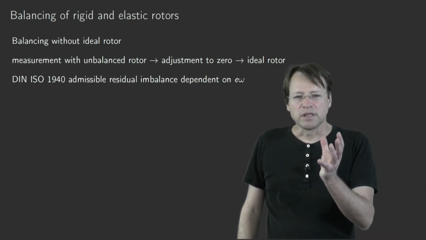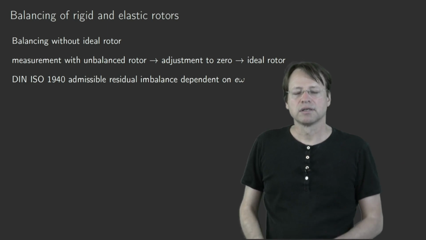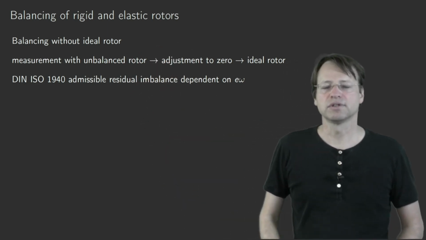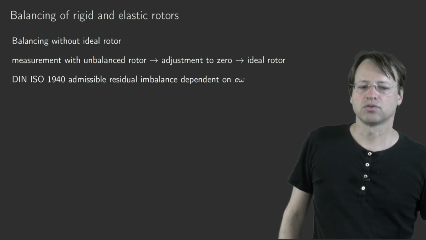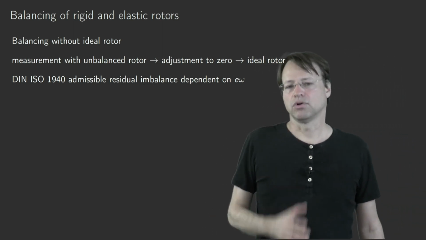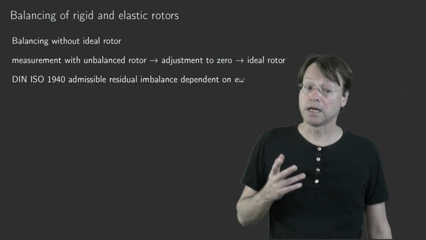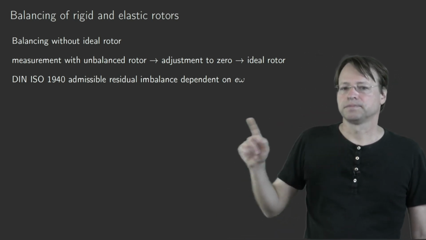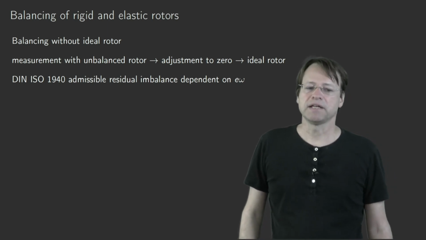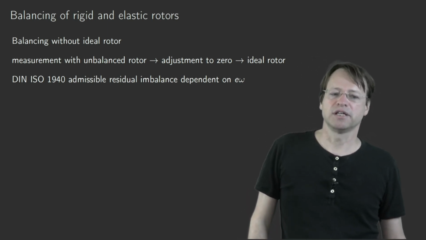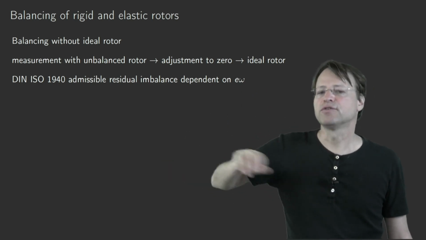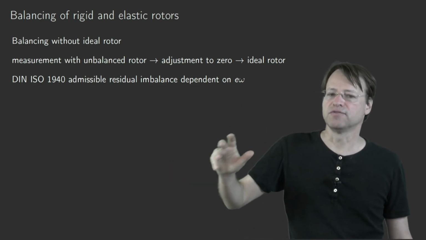And the last question then is, what happens now for an elastic rotor? So what is the difference if we do not have a rigid rotor, but if we have, for example, a Jeffcott rotor or even a multi-disc rotor? Well, what you lose here is the independence of the balancing state from omega, because your shaft deforms. The rotor itself will deform.